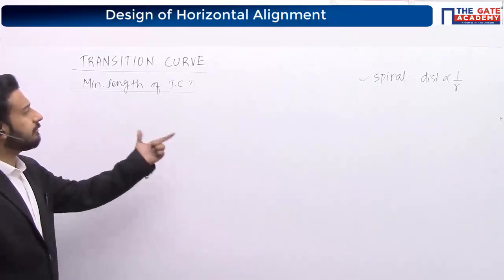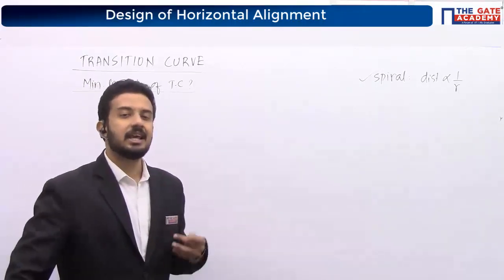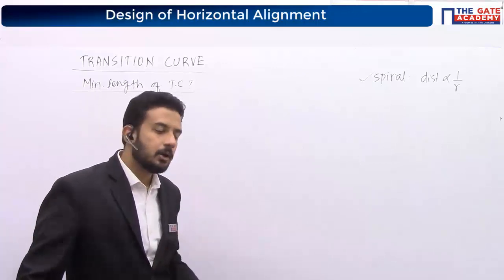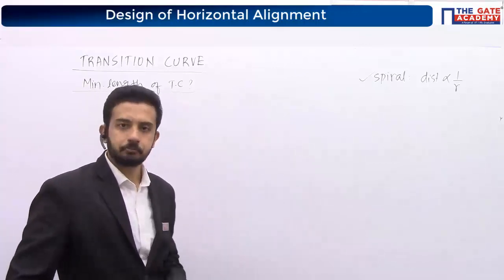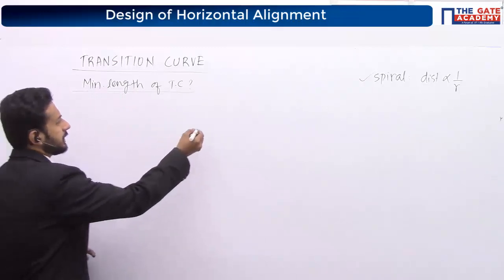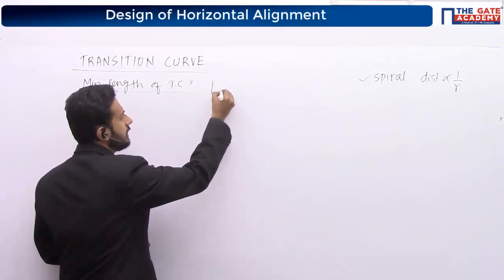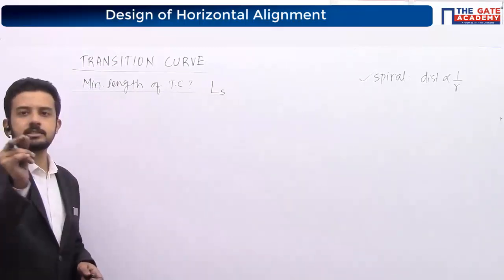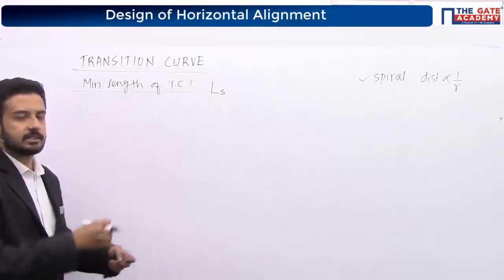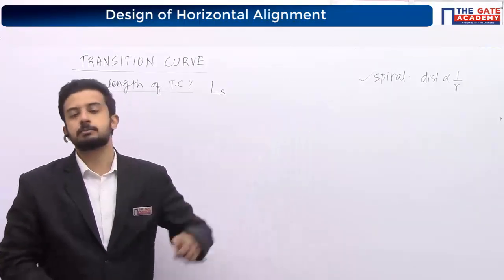So the length of transition curve, by default, is the length of a transition curve having the spiral shape. In the equation in the textbook, you can see they put a suffix s, L suffix s. This s stands for spiral.